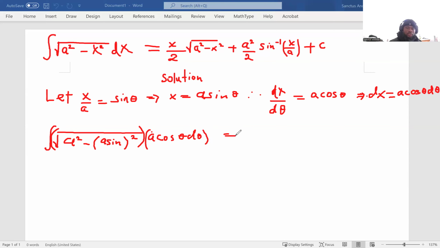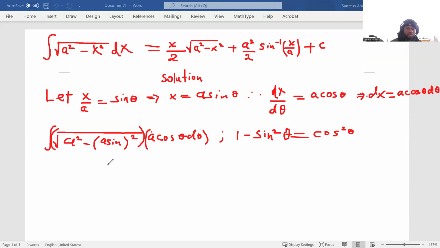So now we proceed. Recall that 1 minus sine squared theta is equal to cos squared theta. I did all this in a previous video, so I will not waste much time doing it here again. So now I'm going to substitute this in the square root.